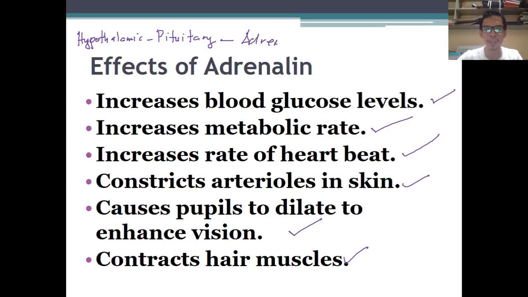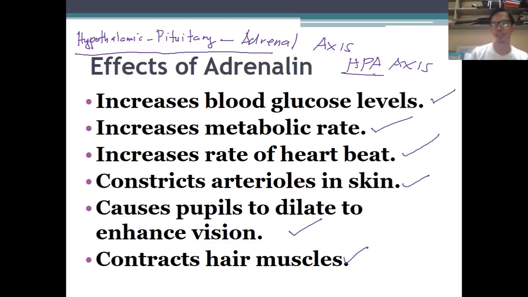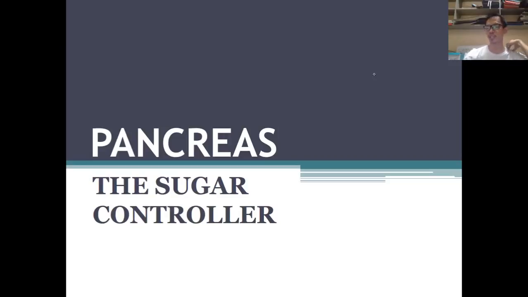So hypothalamic, pituitary, adrenal axis. Alright, so during stress, this is the pattern that you should remember. So we call it HPA axis. Okay, so please take note of that one. Hypothalamic, pituitary, adrenal axis. Alright, so we go now to the next organ, which is called the pancreas.